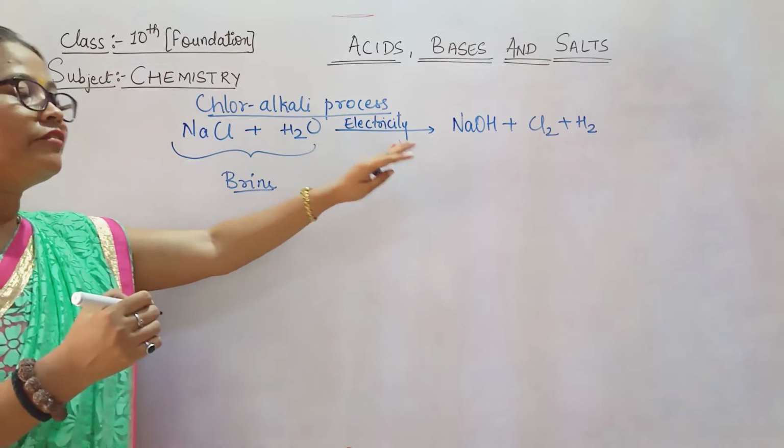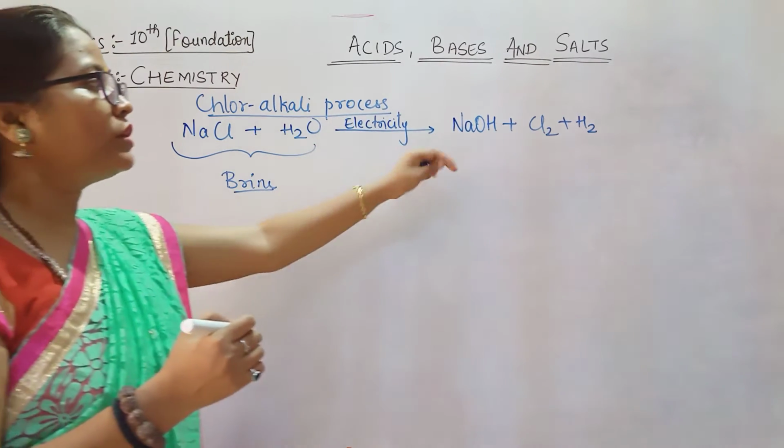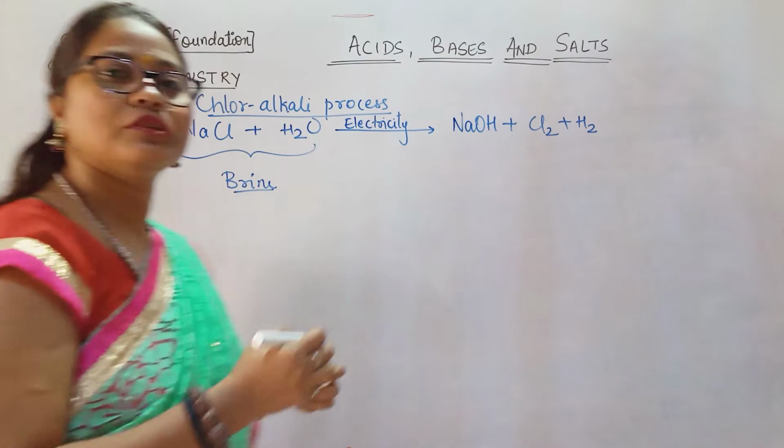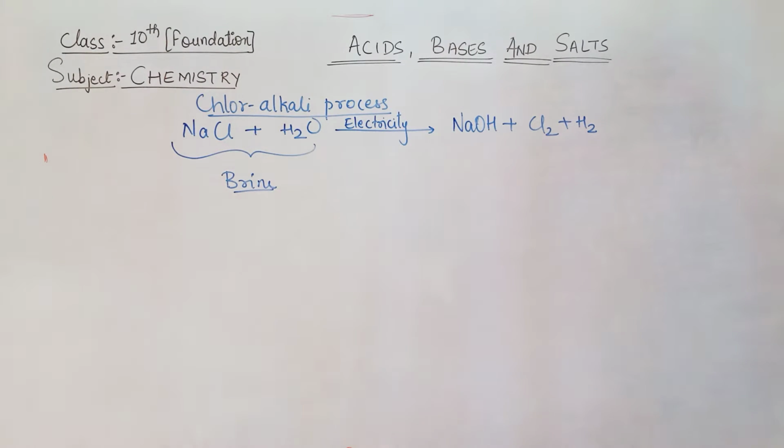So we have to see today the uses of NaOH, the uses of Cl2 and the uses of H2. We'll start with the uses of all these three products, and then we'll move to the next important compound, that is the bleaching powder.